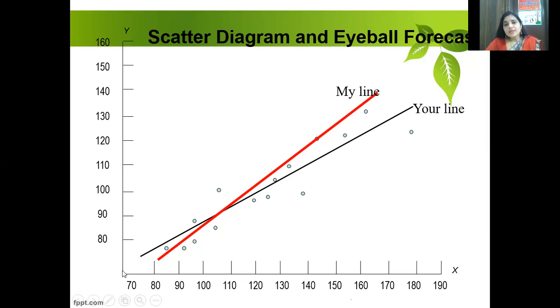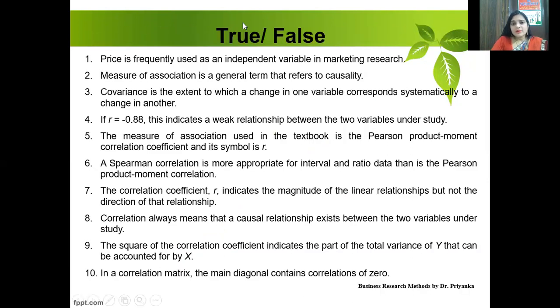The constant and the slope b value would be calculated with the help of previous data available for x and y. That's all. We will be discussing regression in detail in our next presentation. It was just an introduction to regression because we have just discussed correlation, so it was important here.